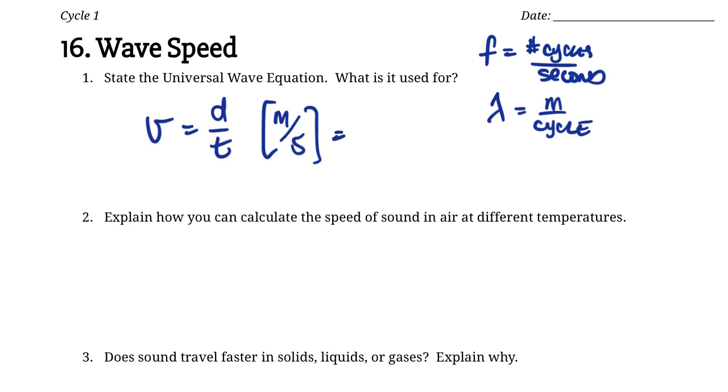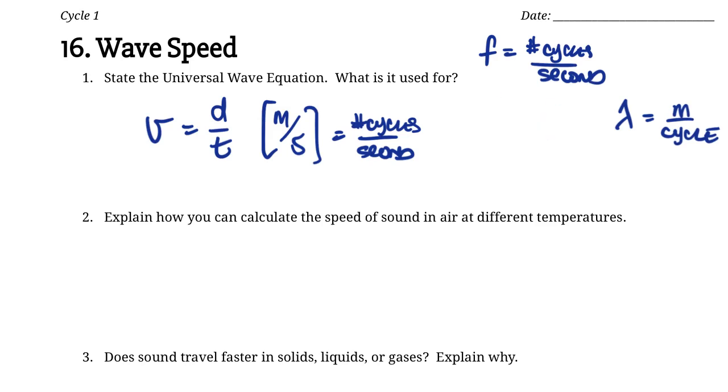If we look at the number of cycles per second, and we multiply this by meters per cycle, you see that the cycles cancel out and we're left with meters per second as our units. We're doing a little bit of unit analysis here.